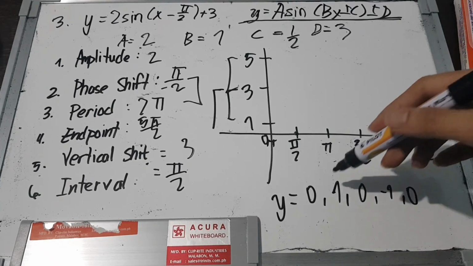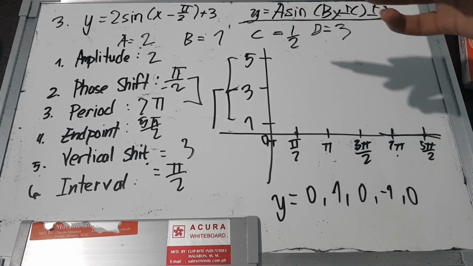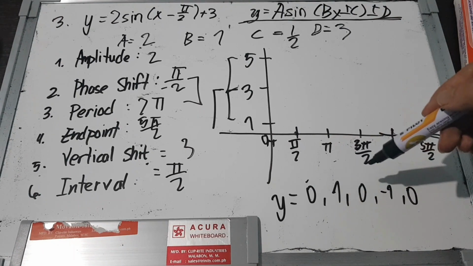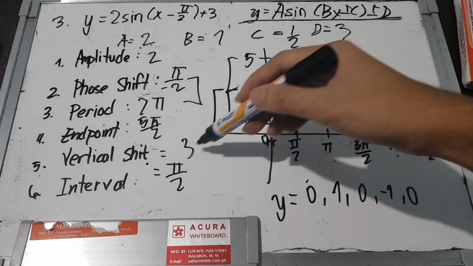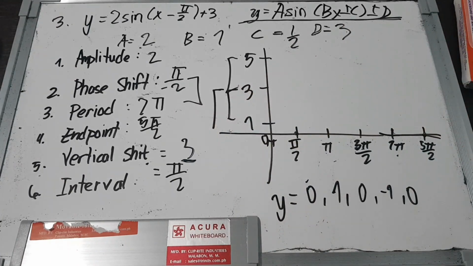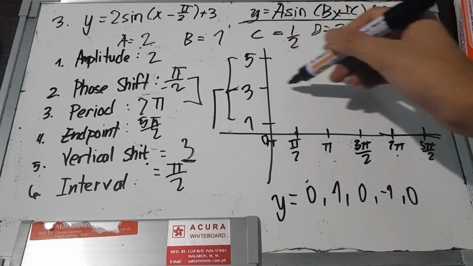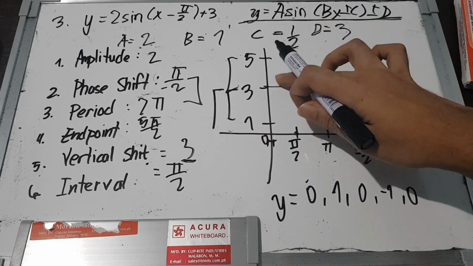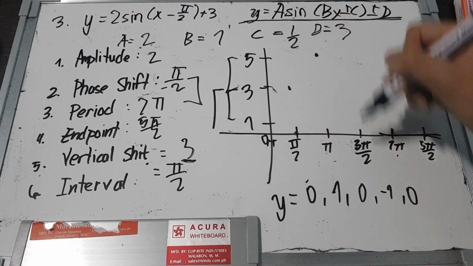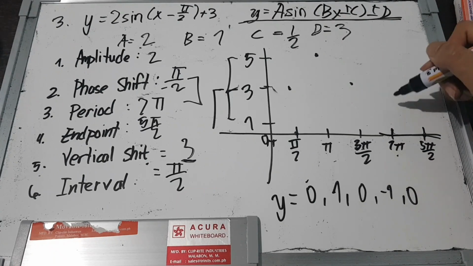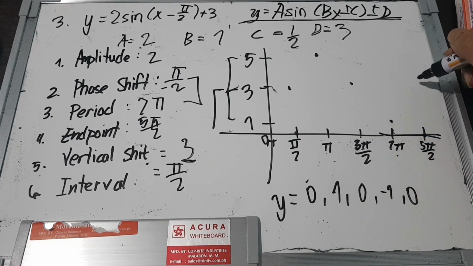Now we have to get the y values for the graph of sine, which would be 0, 1, 0, -1, and 0. But we have a vertical shift of 3. This means 3 would basically be our 0 line. So 3, 5, 3, 1, and 3.